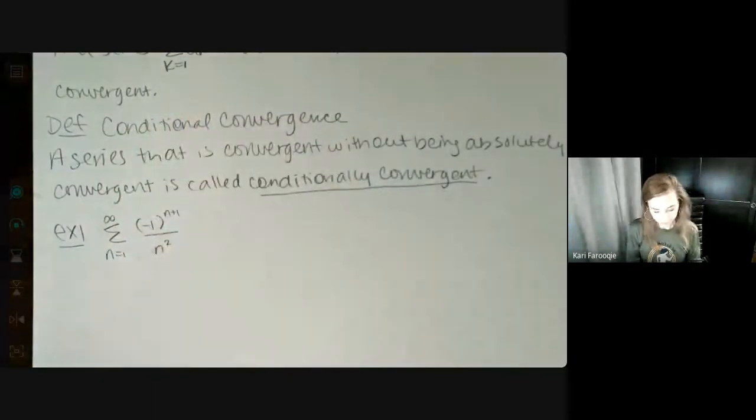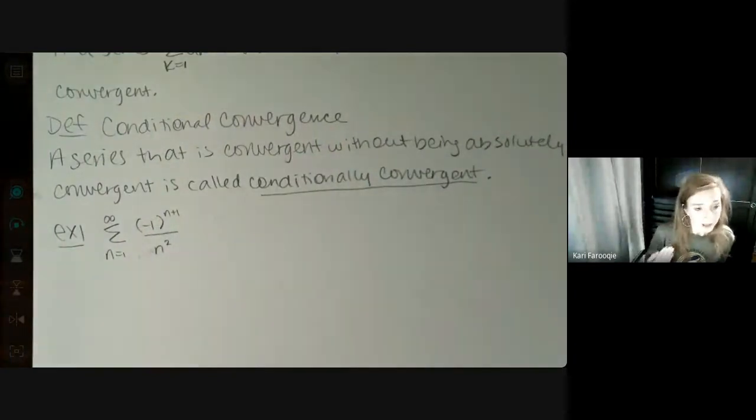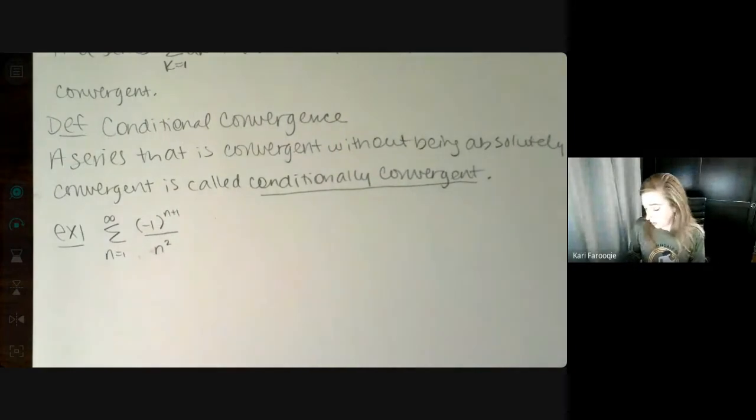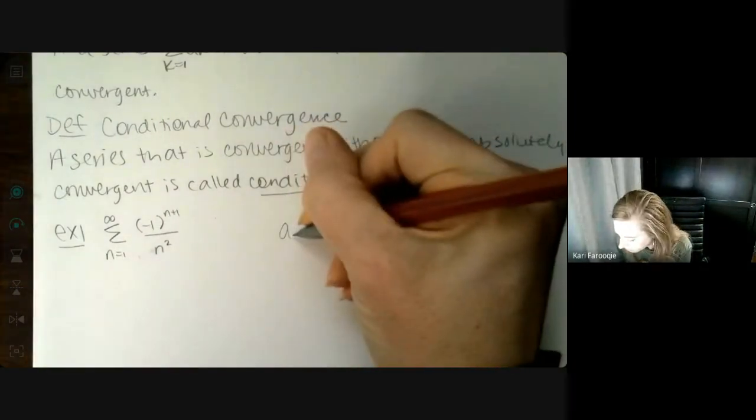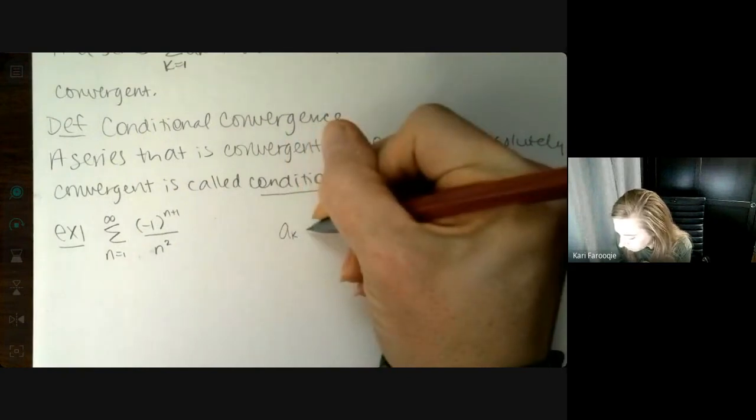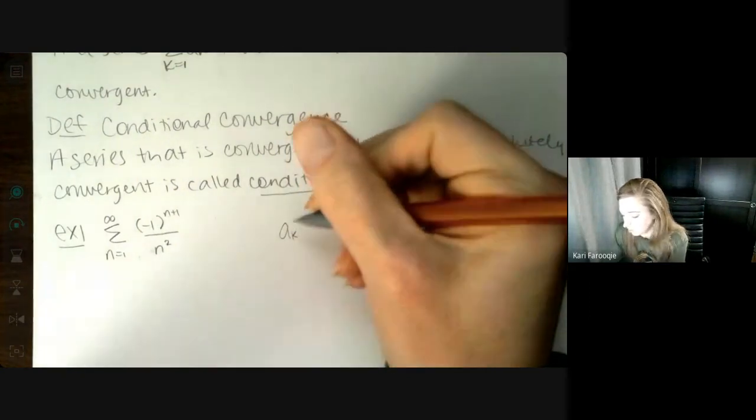Okay, so the first example will be (-1)^(n+1) divided by n squared. Now, if you were to take the absolute value of this series, think about this. a_k, in our case, is going to alternate.